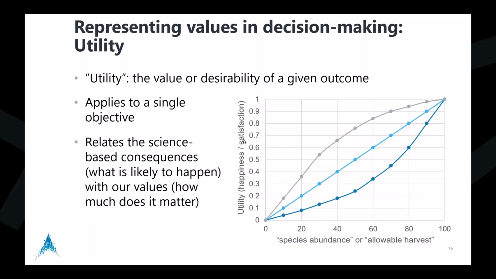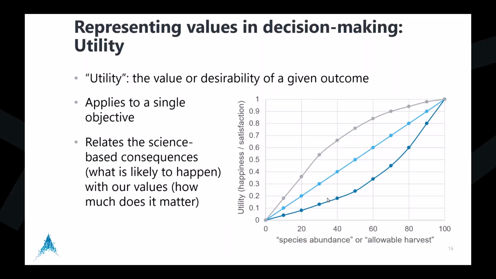That's really important because ultimately how happy we are is how we make decisions. So it reflects happiness, satisfaction, desirability, whatever you call it, relative to a given outcome that we're seeing in the system. And it relates to a single objective at a time.